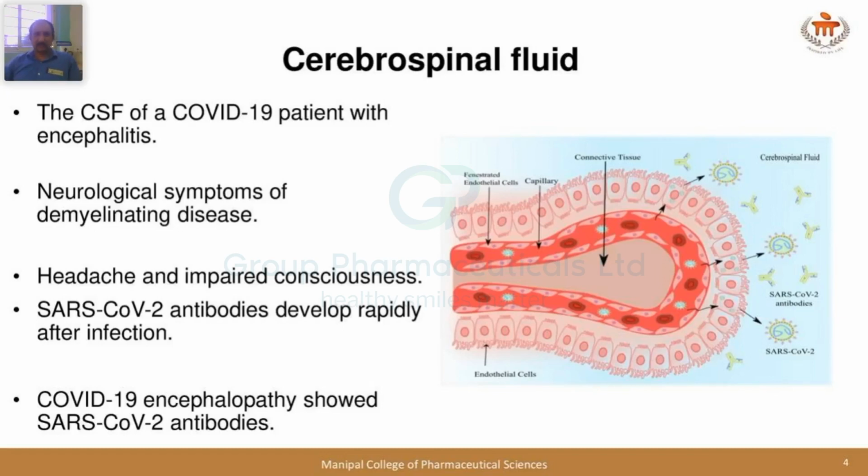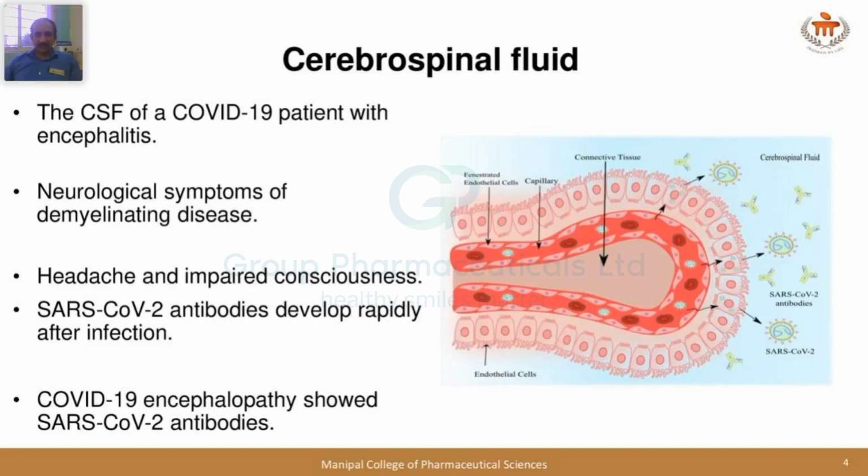RT-PCR was positive, and the patient had SARS-CoV-2 in the cerebrospinal fluid. That was one of the cases. The next case was another patient with a neurological symptom of demyelinating disease. These are not the common symptoms of SARS-CoV-2, as earlier we had seen ARDS and respiratory illness.